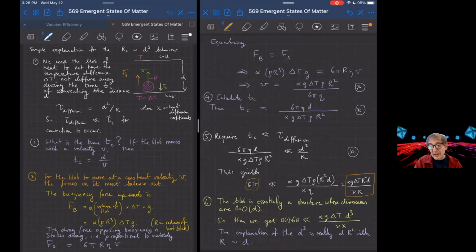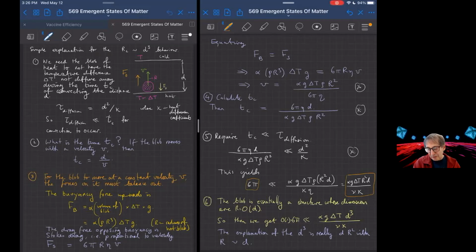Now, the point about this is the blob is some kind of structure whose dimensions are basically of order the plate spacing. For example, often these convection rolls involve a sort of mushroom or plume of heat that goes all the way from the bottom plate to the top plate.